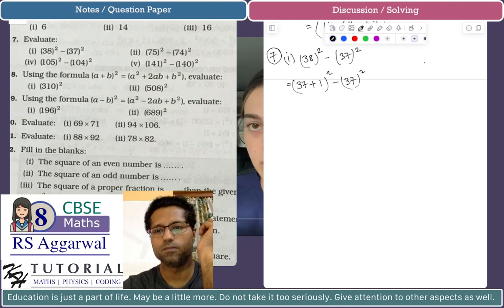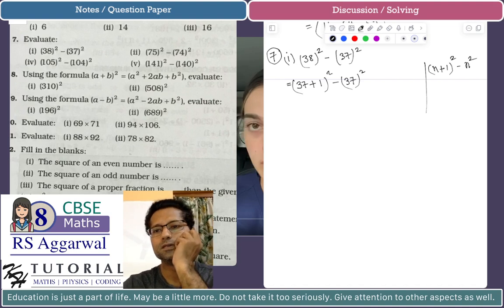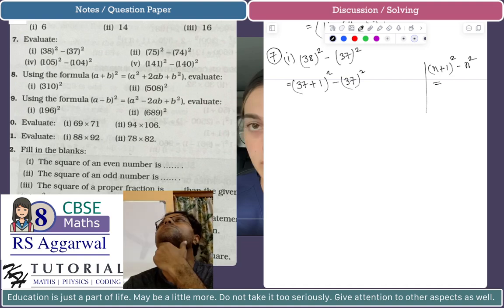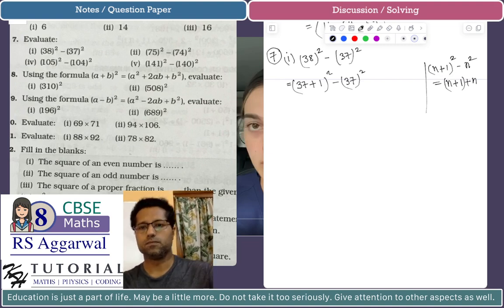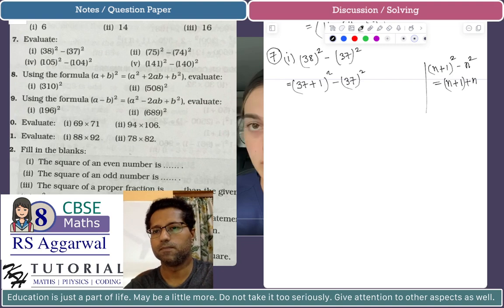So this is of the form n plus 1 square minus n square. This is equal to n plus 1 plus n.